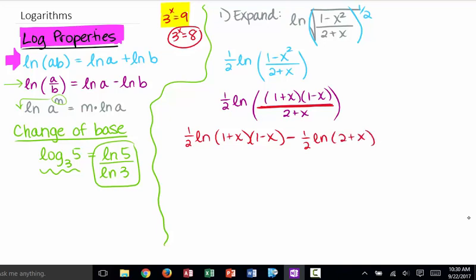And hopefully along the way someone has also told you that the only thing you can truly distribute to a binomial is a number. I can never distribute functions like this. So I would never ever want to say natural log of 2 plus natural log of x. You're taking natural log of that value, whatever that value turns out to be. So I'll go one step further here. This is a product.